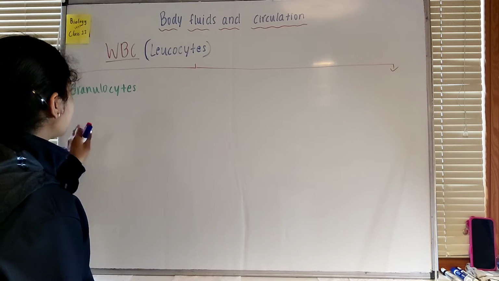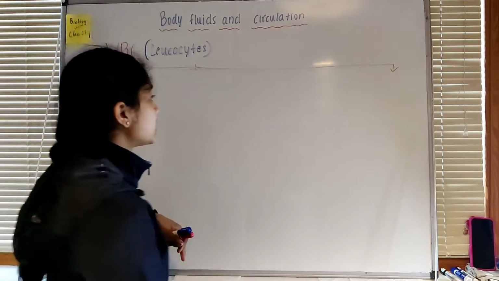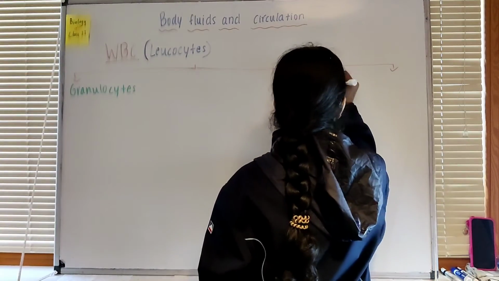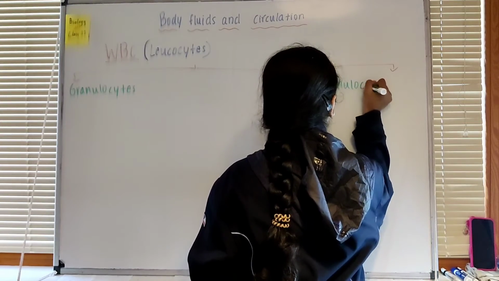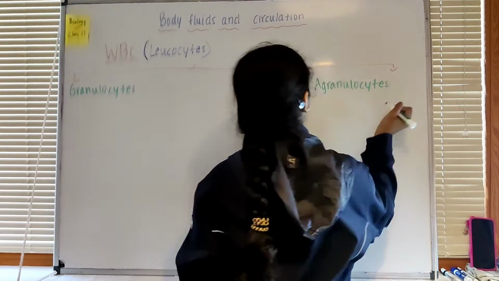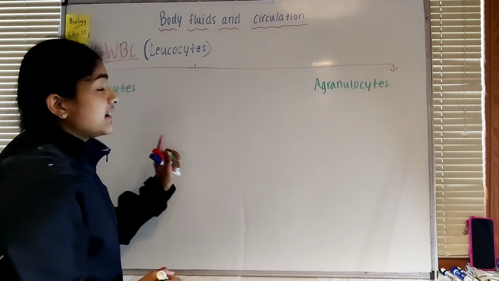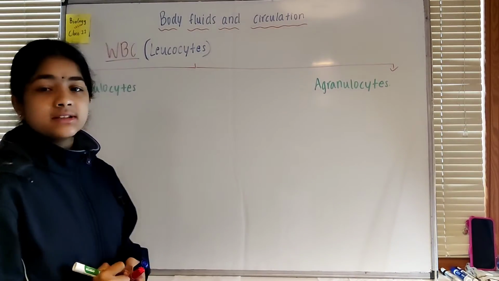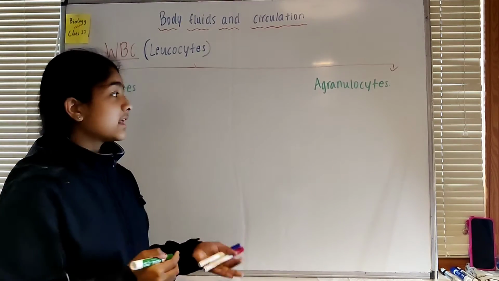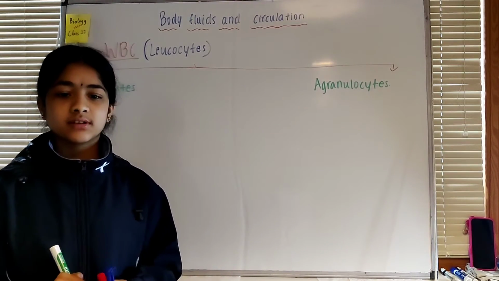If granules are absent or not present, they are known as agranulocytes. So granulocytes and agranulocytes. Granulocytes means granules are present in the cytoplasm. Agranulocytes means there are no granules present.